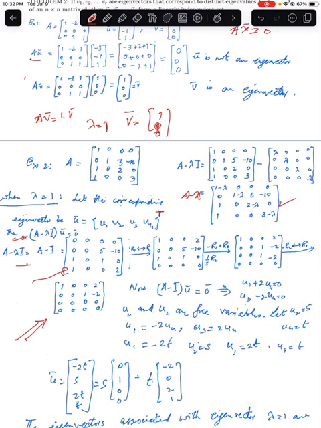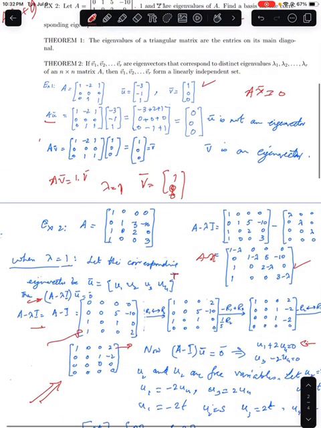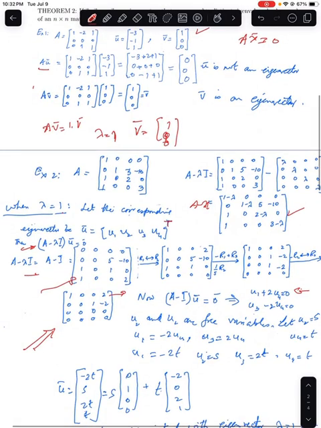Because it's in the reduced echelon form, it's easy. The first row gives me u1 plus 2 u4 equal to 0. This is the equation I get from the first row, which gives me u1 is equal to negative 2 u4. Then from the second row, I get u3 minus 2 u4 is equal to 0, which will give me u3 is equal to 2 u4.